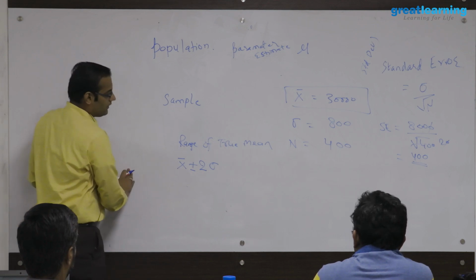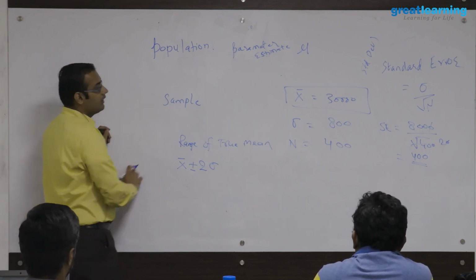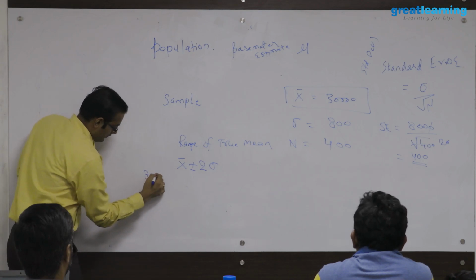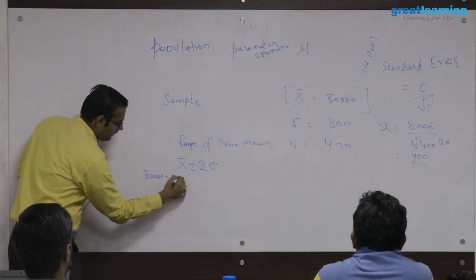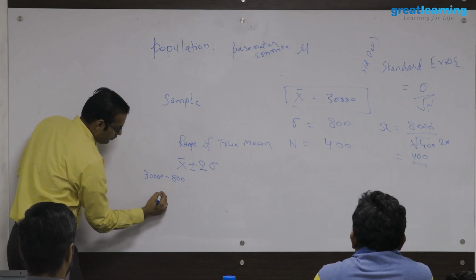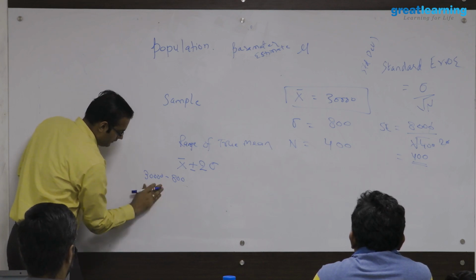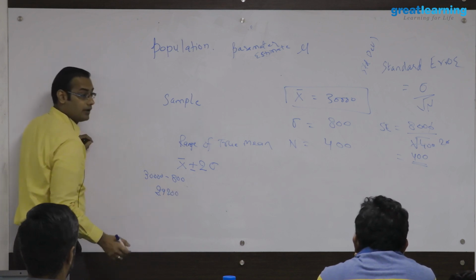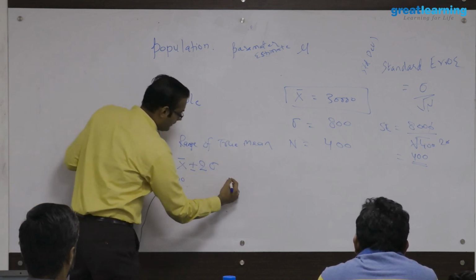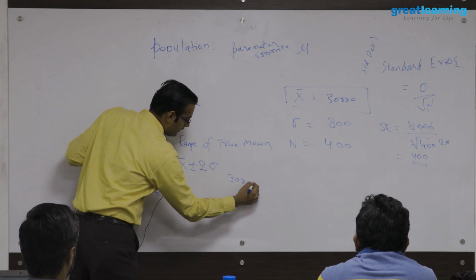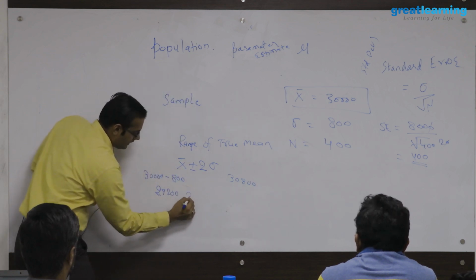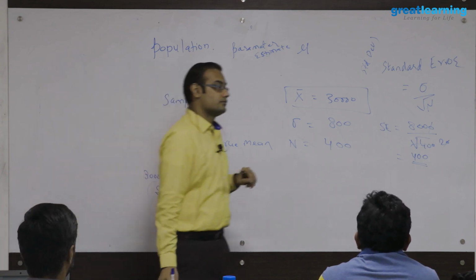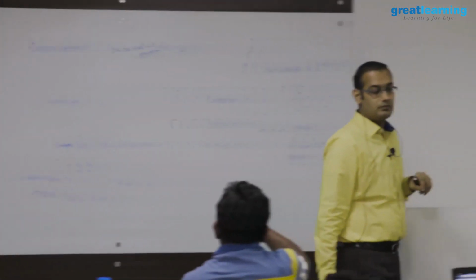So x bar minus 2 sigma would be 30,000 minus 800, which comes out to be 29,200. On the higher side, it would be 30,800. So this would be my range. Because sigma is 800 or 8,000?